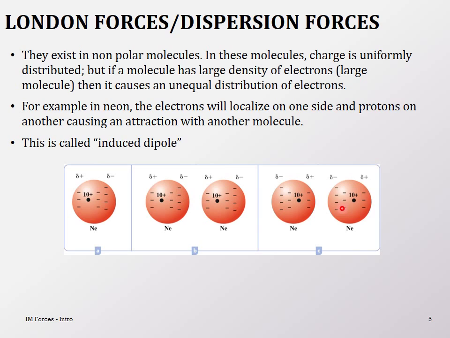Propane is actually a gas, but when you get to C8, it is a liquid, which is the petrol that you put in your car. There is so much difference between C3 and C8. As the molecule gets larger, the dispersion forces increase because of this induced dipole. So that's what London forces are. By themselves, they have no polarity, nothing else going on for them.